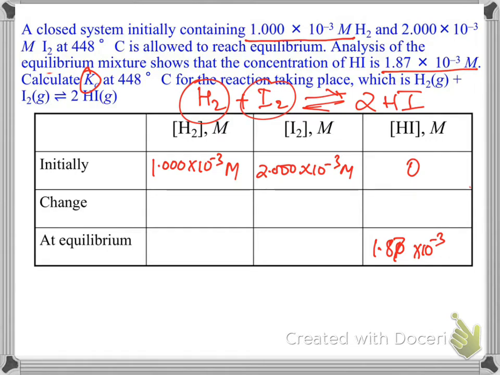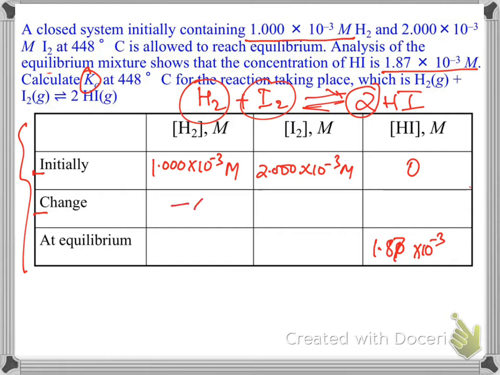Now this is called an ICE table. I stands for initial conditions, C is change, and E is equilibrium. Now look at the stoichiometry of the reaction. For 1 mole of hydrogen and 1 mole of iodine consumed, you're making 2 moles of hydrogen iodide. So assign a variable, let's say x, to represent the amount of hydrogen that reacted.